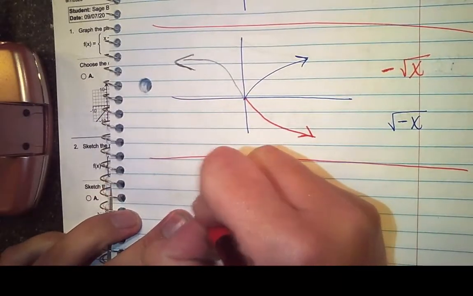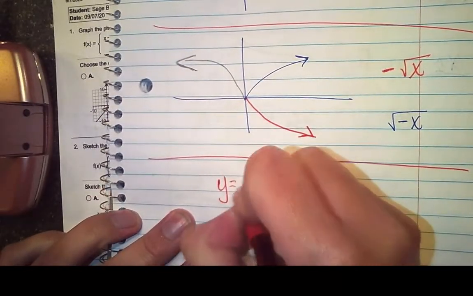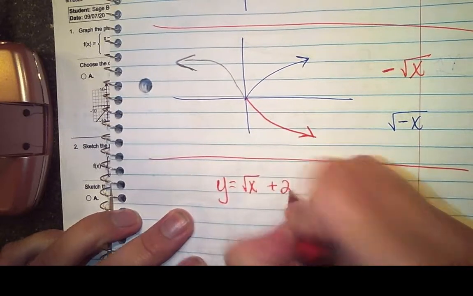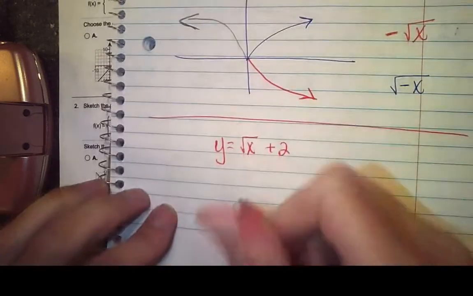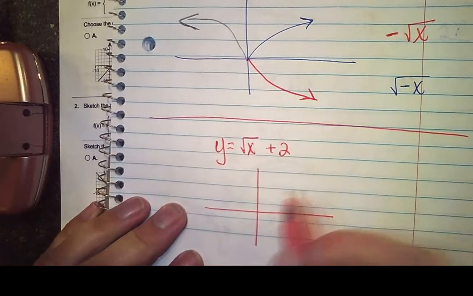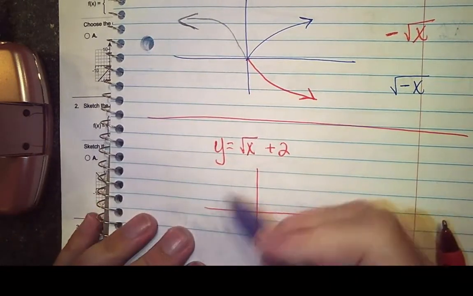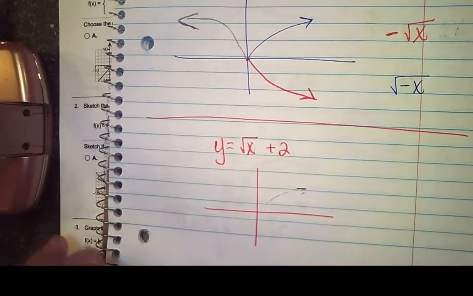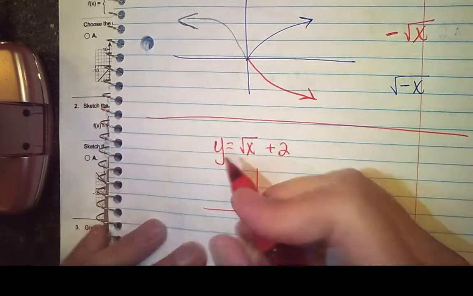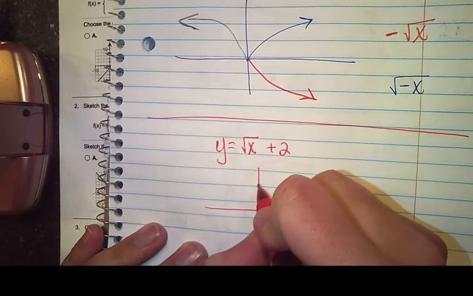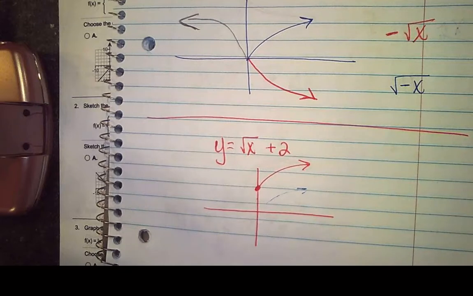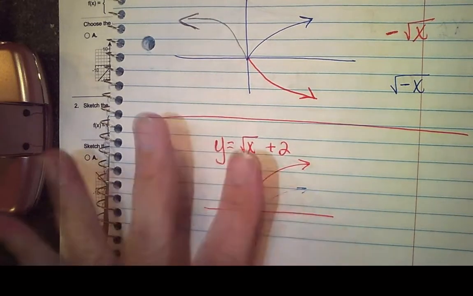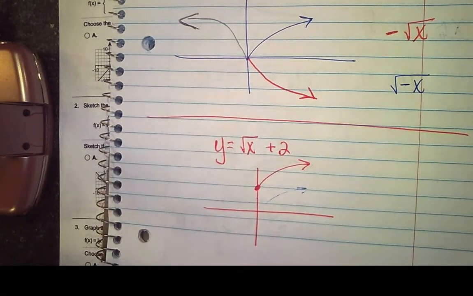So if I just add something to the end, so square root of x, and I slap a +2 on there, if you got a +2 just hanging out, that means you're going to move up, down, and you do exactly what it says. So instead of having this one, okay, I'm going to pick it up, and I'm going to go 1, 2, drop it down, and then plot it again. So the addition subtraction actually picks it up and moves it around, okay?